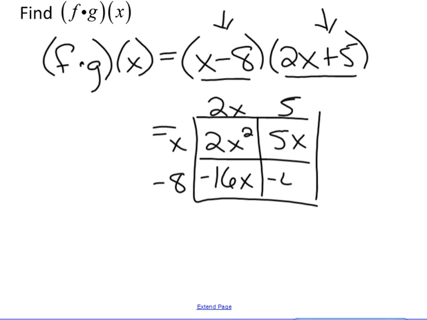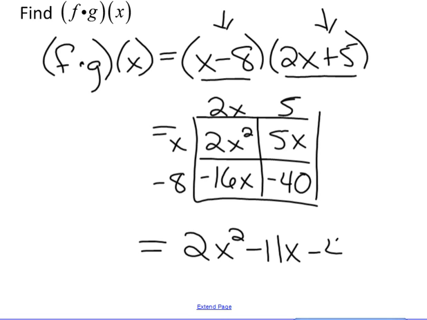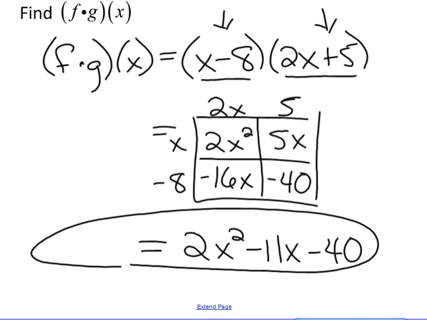And negative 40. So that when you combine like terms, you have 2x squared. You add the x's together. Negative 16x plus 5x gives you negative 11x minus 40. F times g.